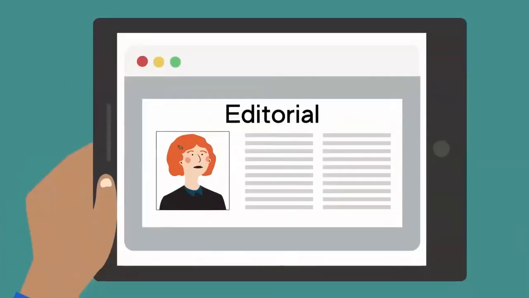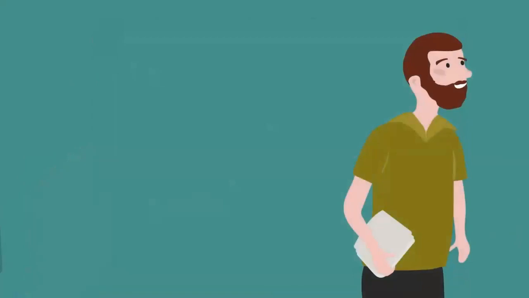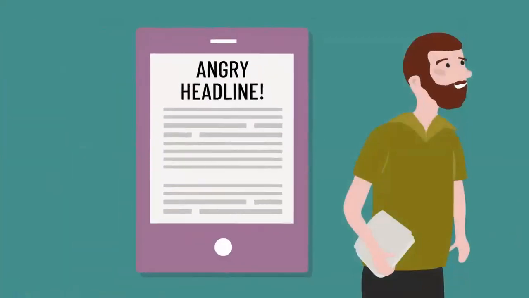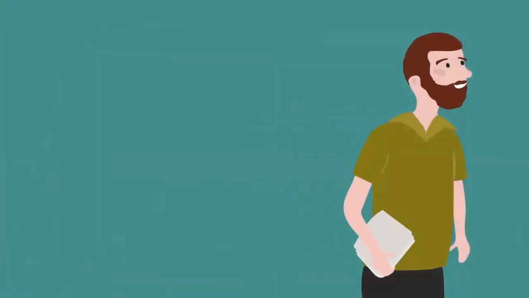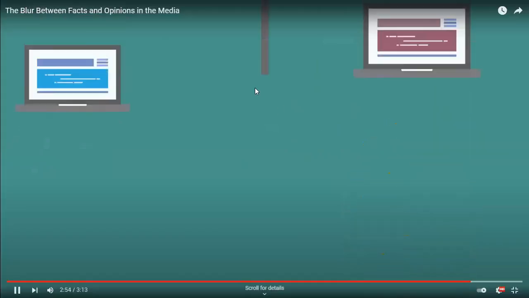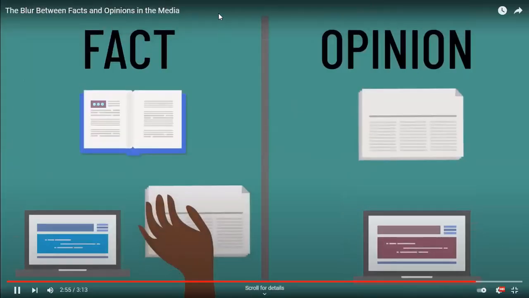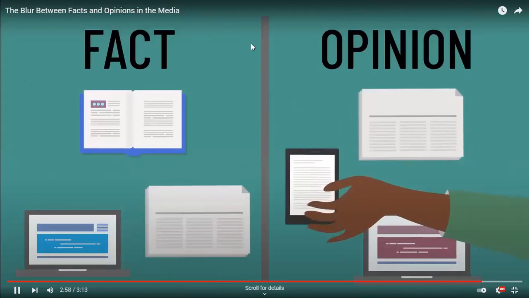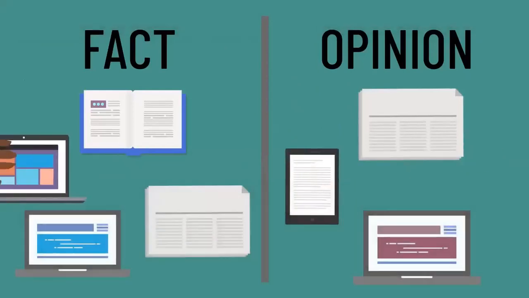And while you may still find terms like editorial every now and then, don't rely on them to help you distinguish fact from opinion. Finally, avoid news sources that care more about stoking your anger and fears over reporting objective news. Though it may be difficult, recognizing fact and opinion in the media can make a tremendous impact on how you see the world.